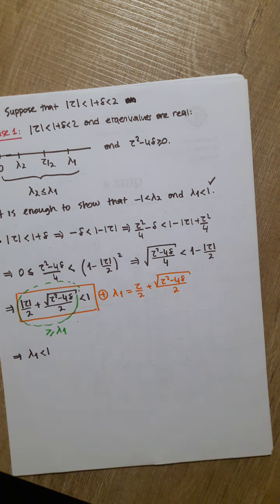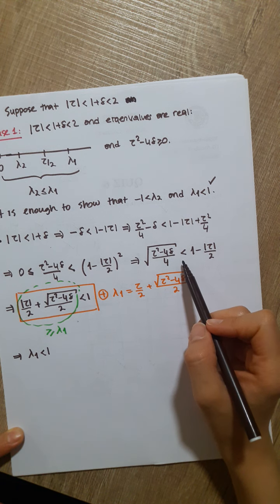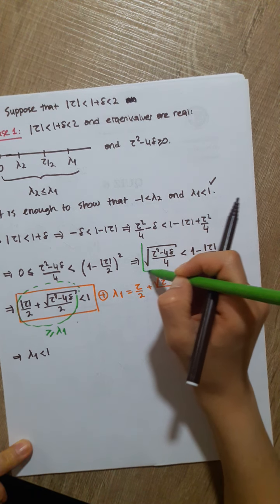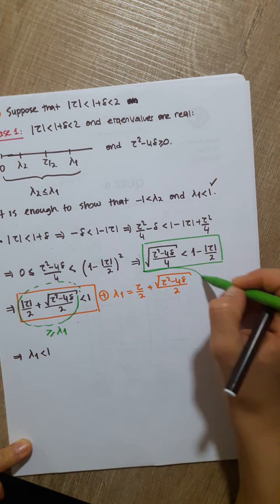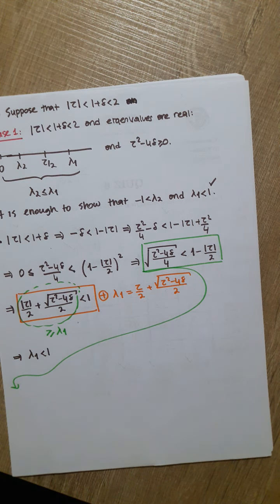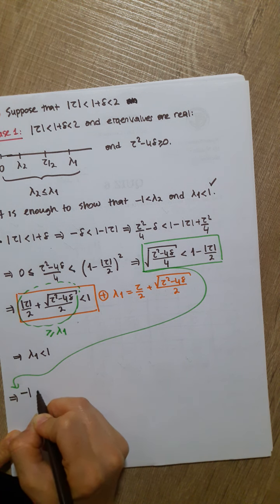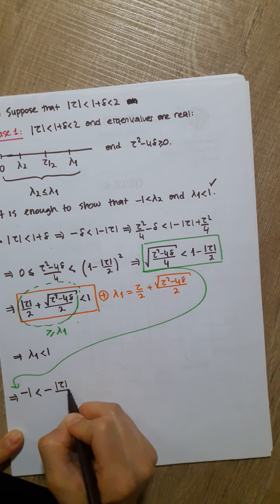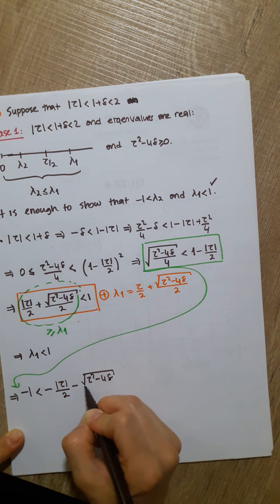This time, I want to use the following. From here, I will continue like that. Until this step, everything is the same. But after this step, I will just take the following. Minus 1 is less than, take this to this side, this to this side, minus absolute value of tau over 2 minus square root of tau squared minus 4 delta over 2.